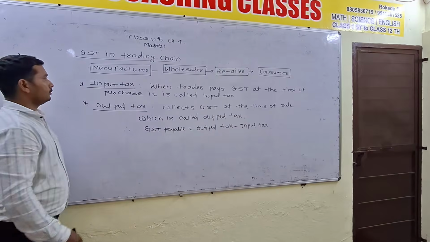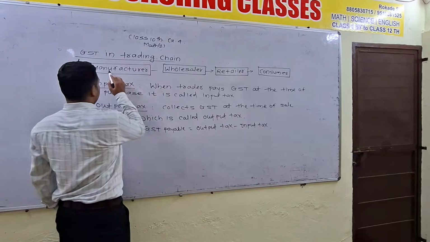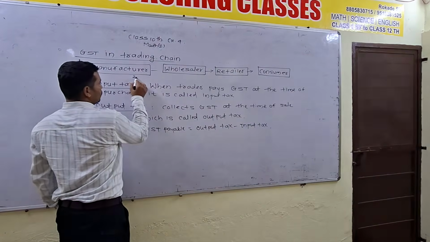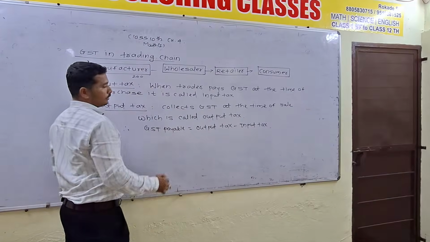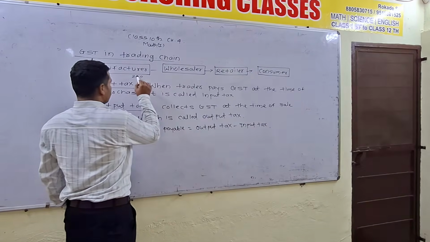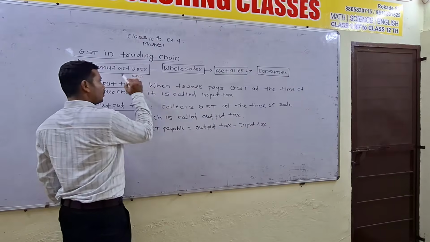Look at this example. The manufacturer buys the object for 200 rupees, so the manufacturer pays GST on 200 rupees.